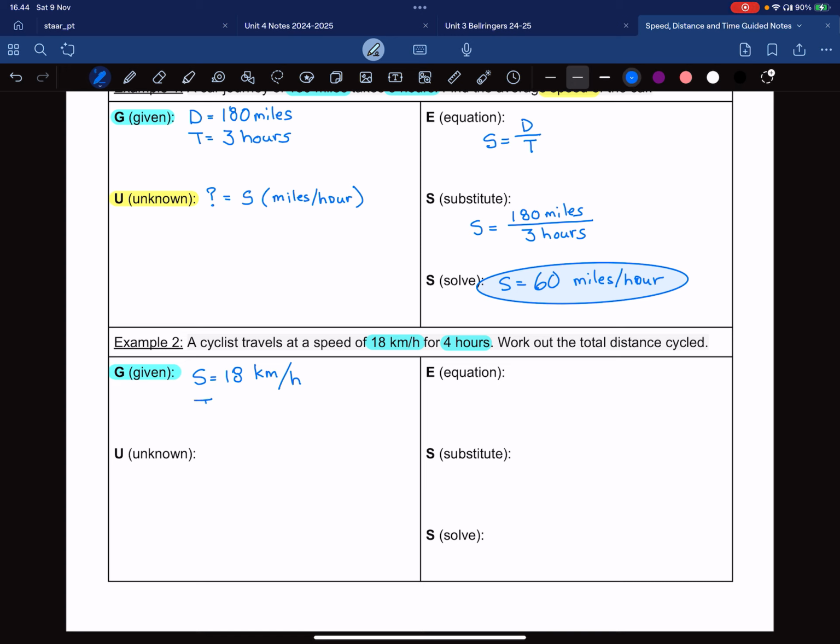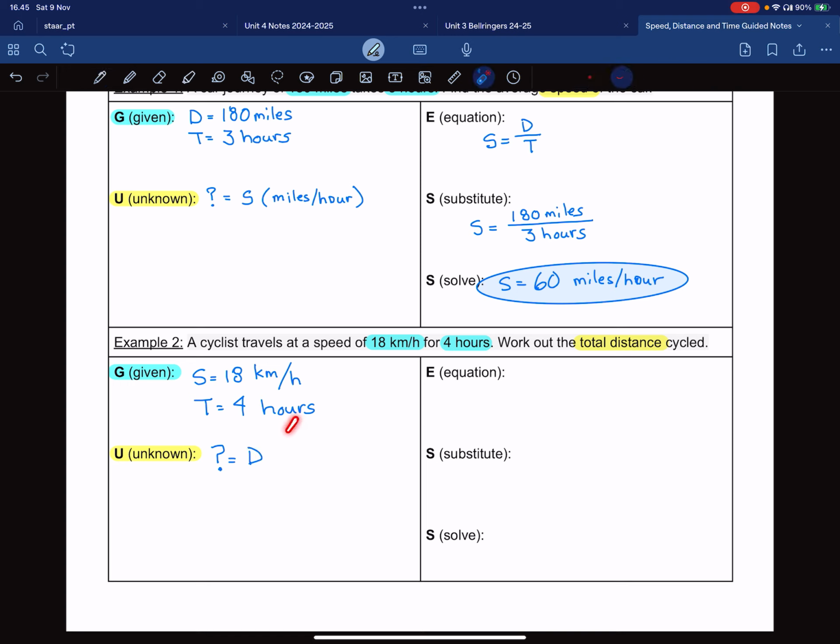So our time is 4 hours. Our unknown is work out the total distance. So our unknown, question mark, is distance.